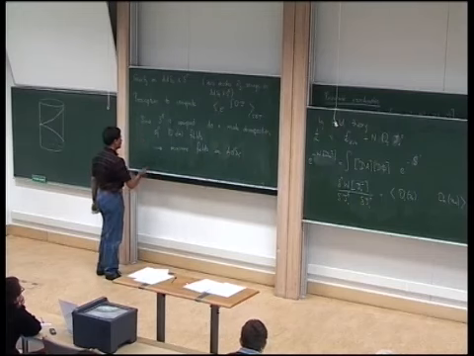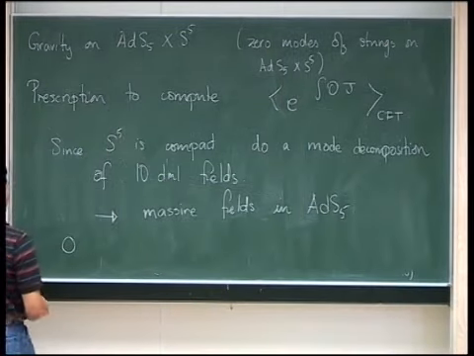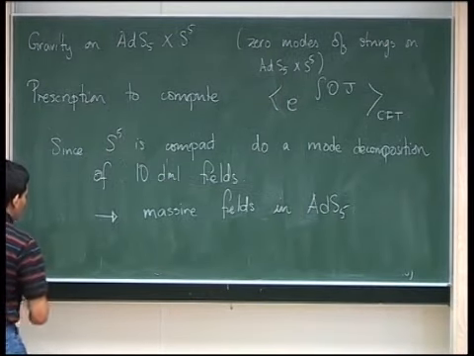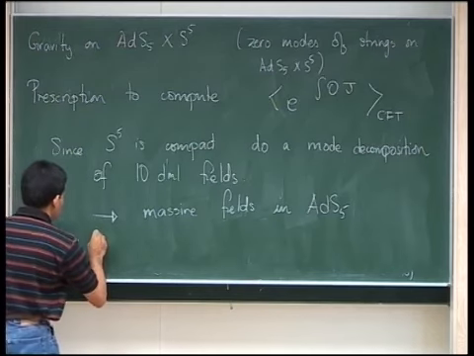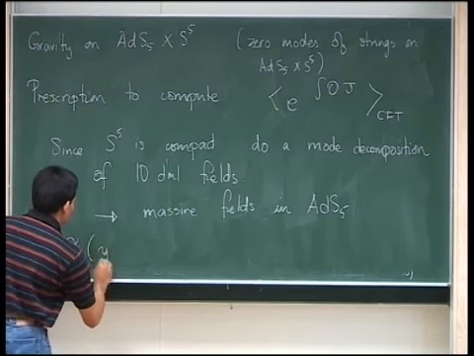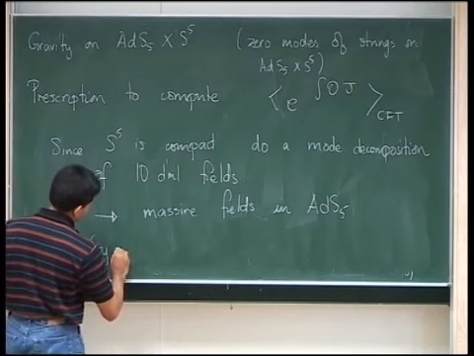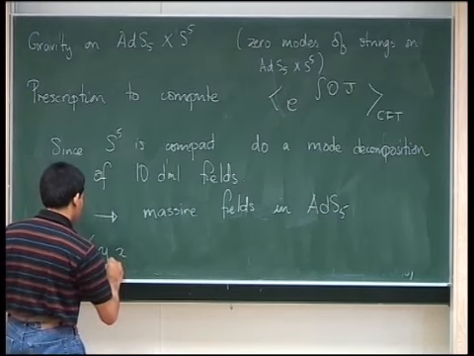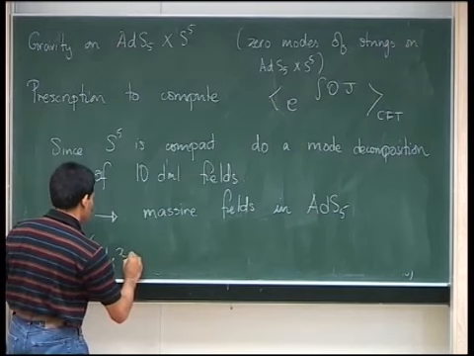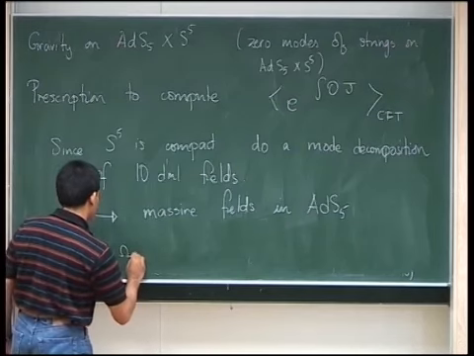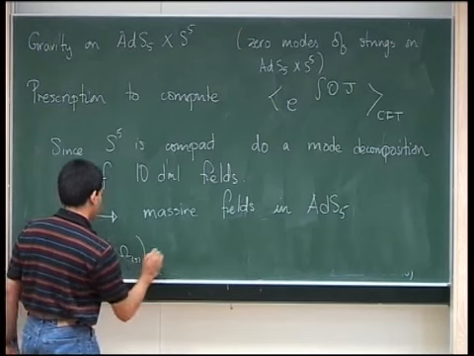Okay, so if you have some 10-dimensional fields, schematically, chi is some 10-dimensional field which is a function of y, which are coordinates on AdS, and omega, which are coordinates on S5.